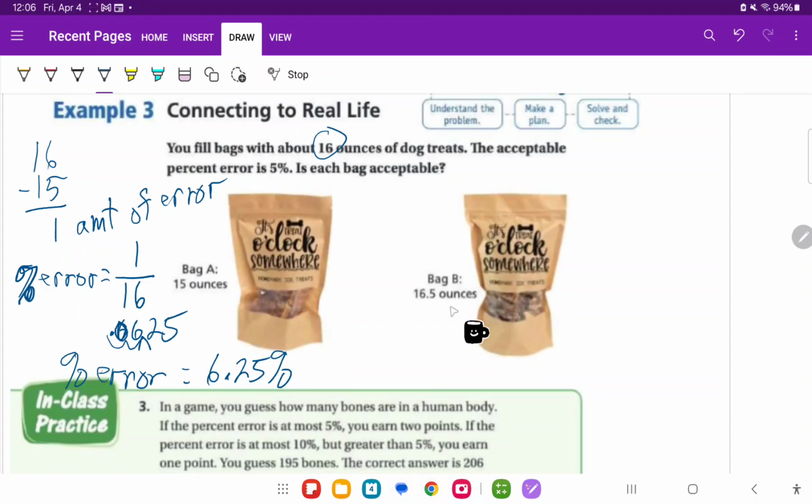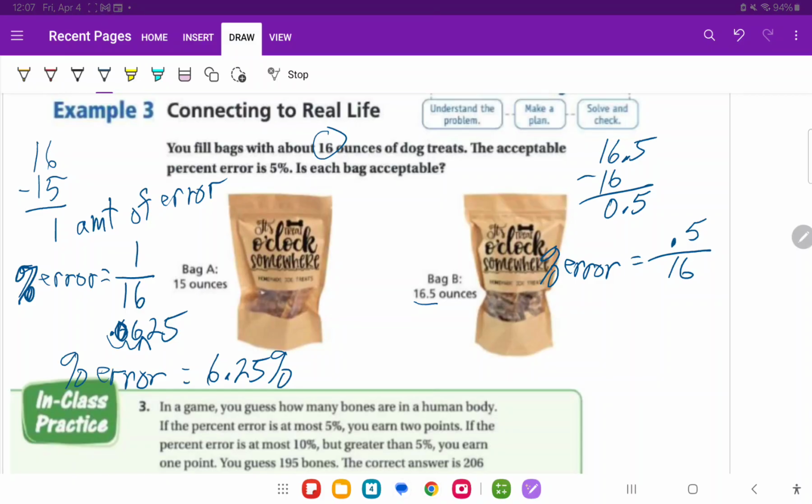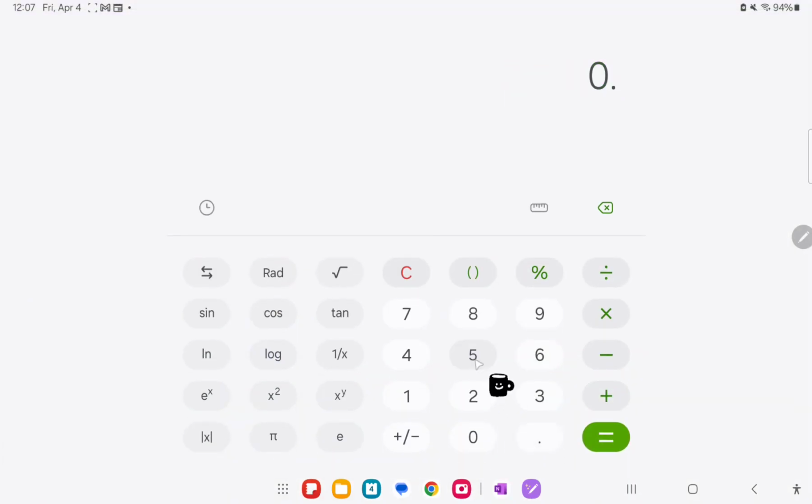Okay? Now what about this bag over here? Well, it's overfilled, right? It has too much in it. So 16.5 minus 16, that's just going to be 0.5. So my percent of error is the amount of the error divided by the actual amount we really wanted. So we're going to go 0.5 divided by 16.